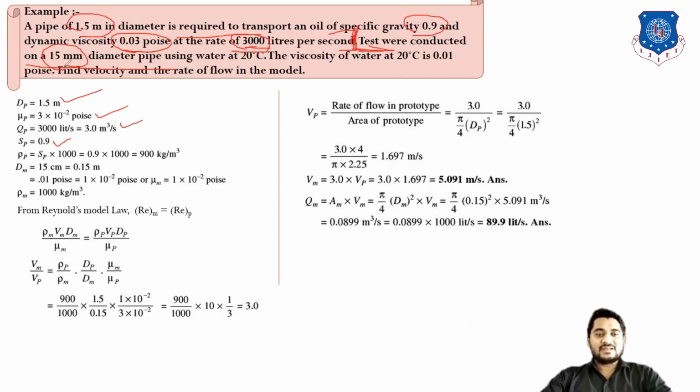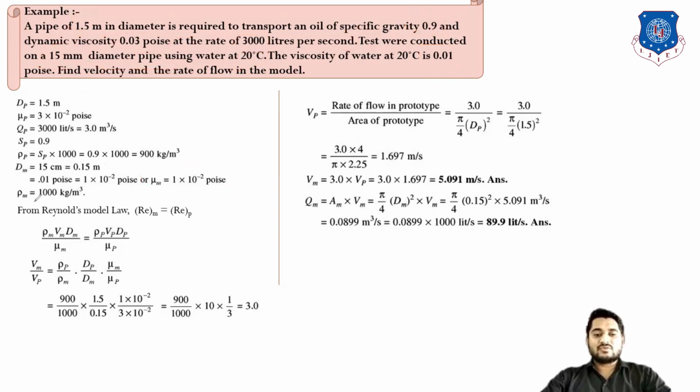Now for model, diameter of model 15 cm, that means 0.15 meter. The 20 degrees Celsius temperature is not necessary. The viscosity of water is 0.01. Water means model, the tests were conducted on water. So mu of model is 0.01 poise. Find out velocity and rate of flow in model.